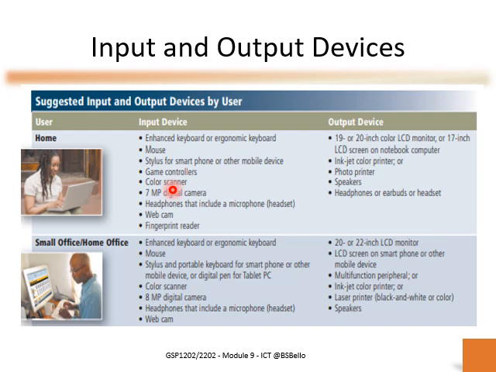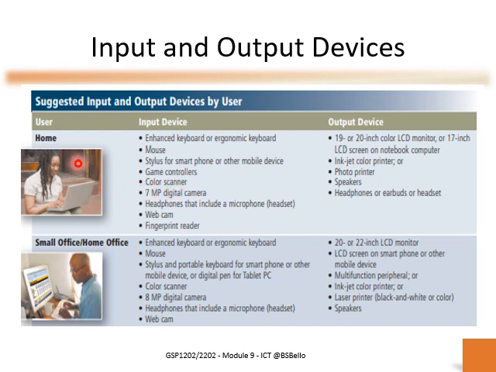Then the type of input device or output device that you may need could depend on the environment where you use it. So in this slide, we try to demonstrate some examples of input devices and output devices based on where the user is located.